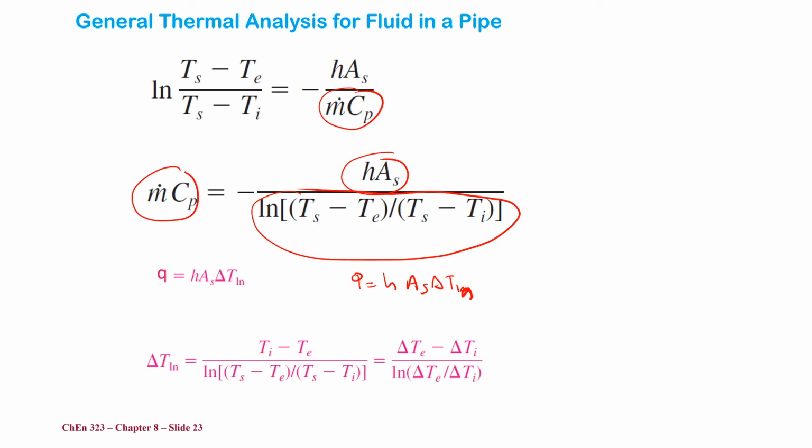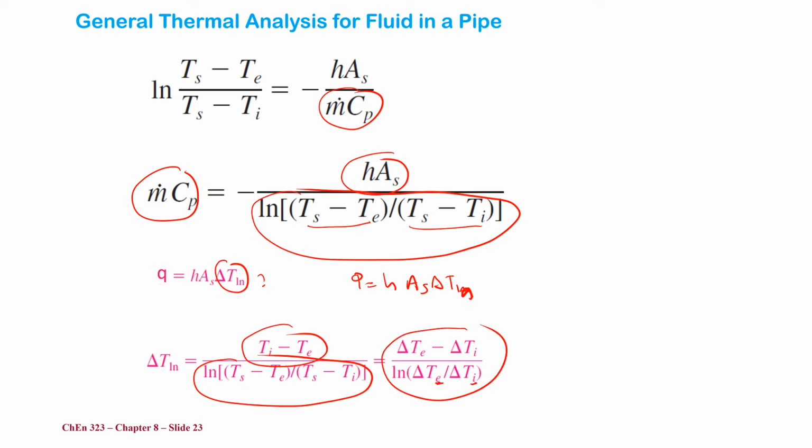That means delta T log mean is equal to (Ti minus Te) divided by ln of delta T exit over delta T inlet. So this is the log mean temperature difference.